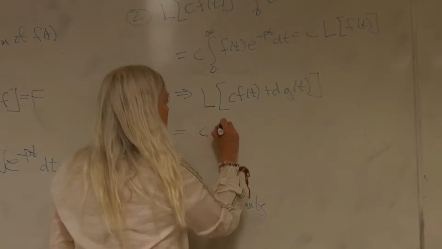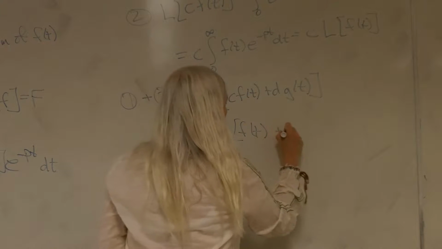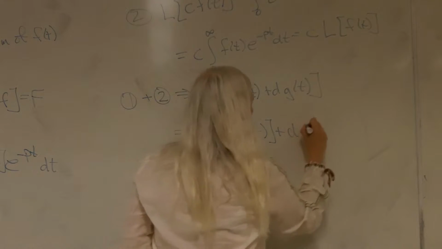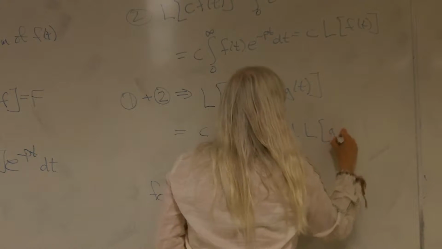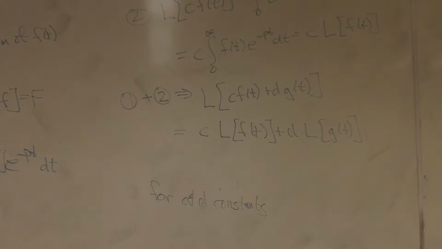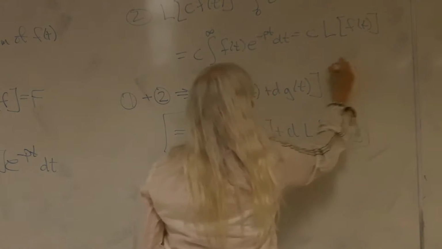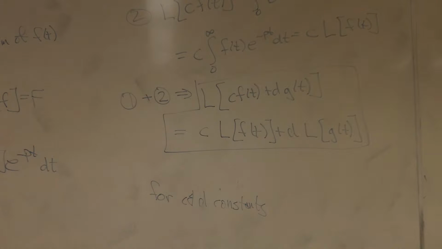So this is the same as c times the Laplace transform of f of t plus d times the Laplace transform of g of t. Okay, so this is really the summary of what I mean for it to be a linear operator.